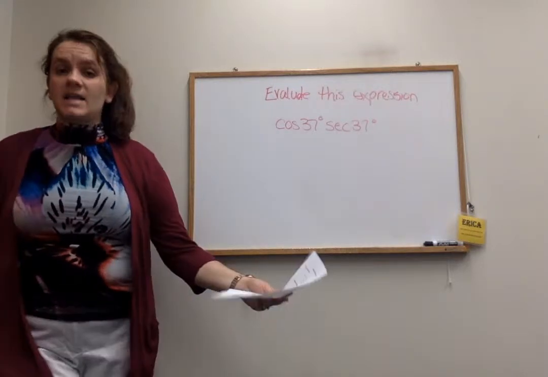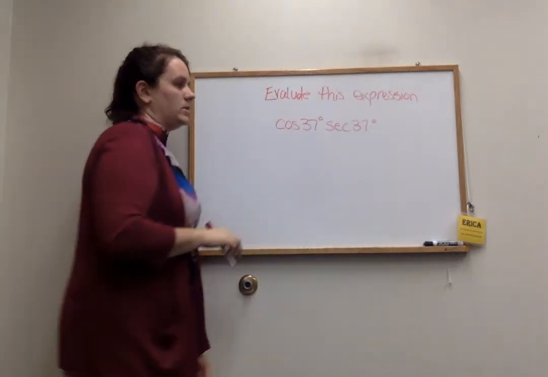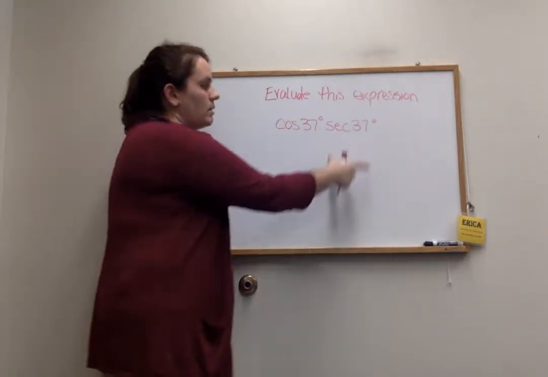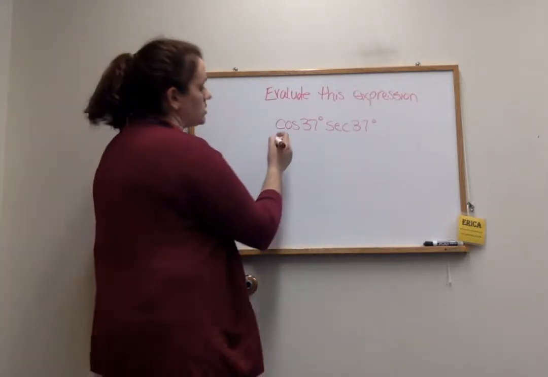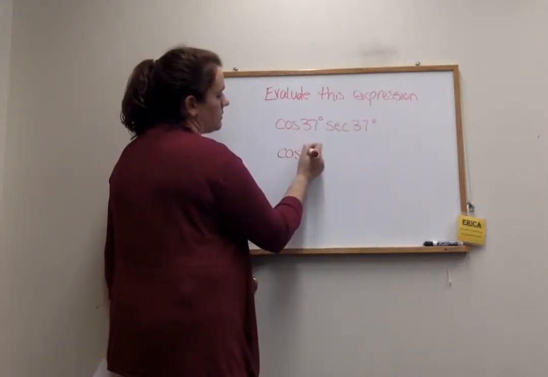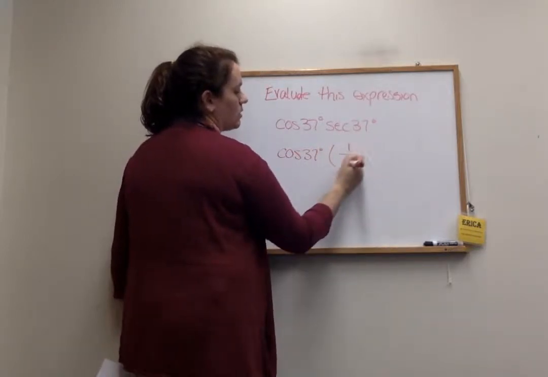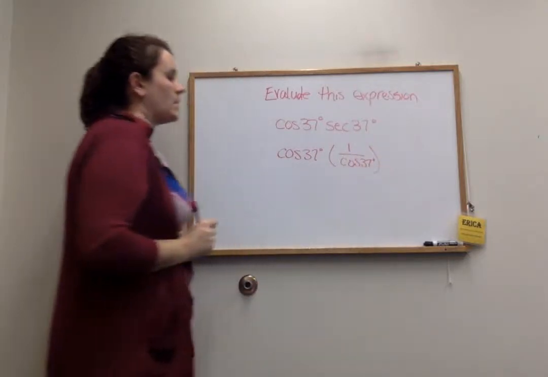And they may say, what is that equal to? Well, cosine of 37 is one of our original trig ratios. We can keep that the same. But secant, remember, secant is the reciprocal of cosine. So let's keep this the same. Secant, we can rewrite it as 1 over the cosine of 37 degrees.